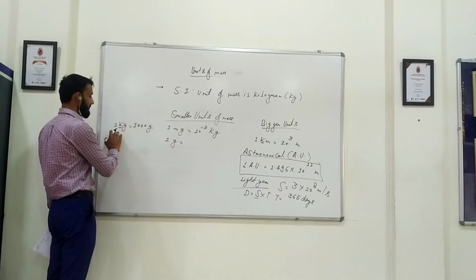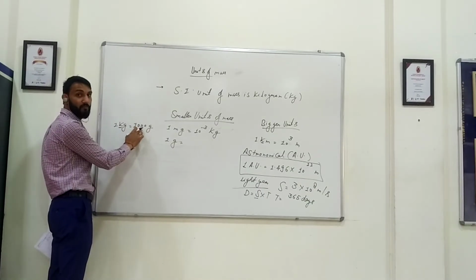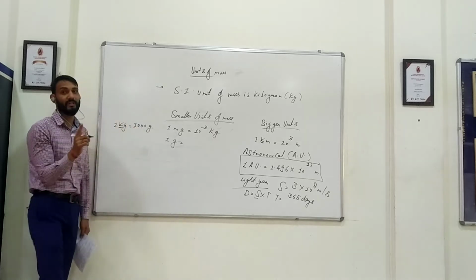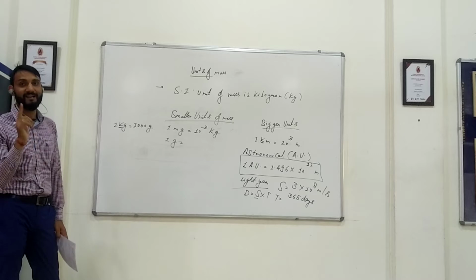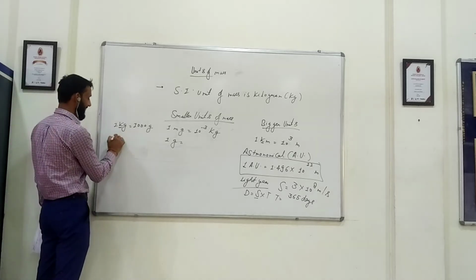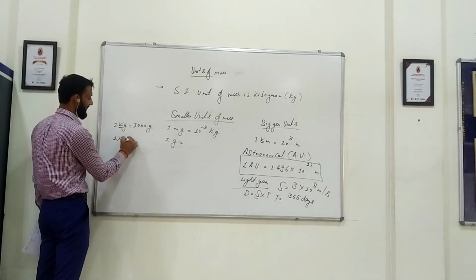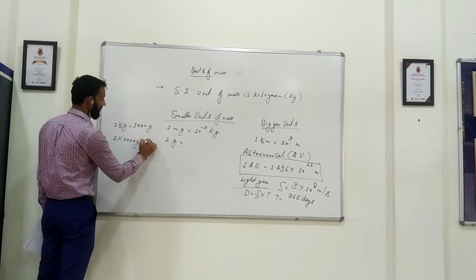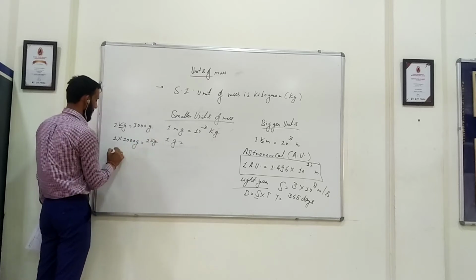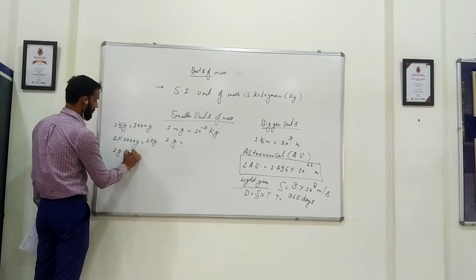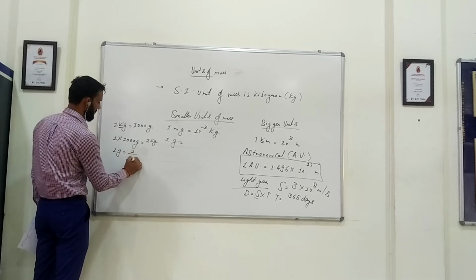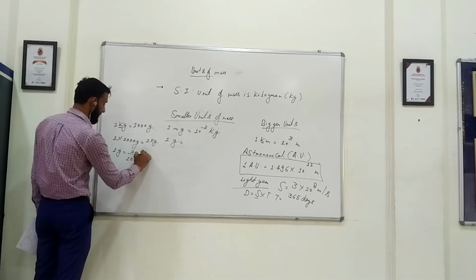So if 1 kg is this much gram, how many kilogram are there in 1 gram? I can write this as 1 into 1000 gram is equal to 1 kilogram, and then 1 gram is equal to 1 upon 1000 kg.